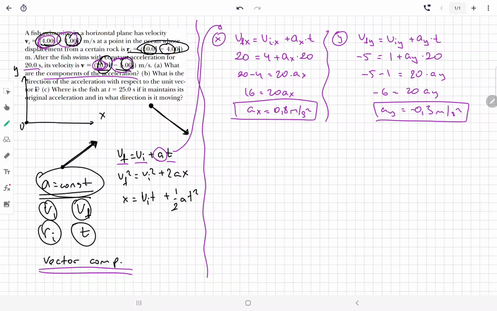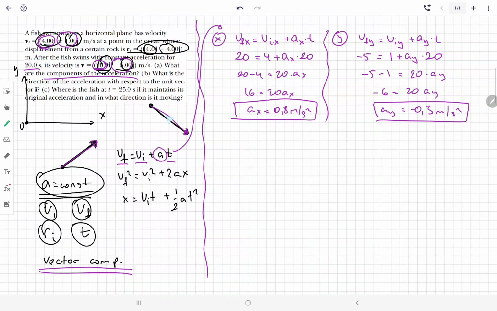So if you remember, in our template we need to check. We solved part A, so let's check it immediately. We know that after some time it will be moving in this direction. Yes, this is the initial direction, this is the final direction. So it was going up.